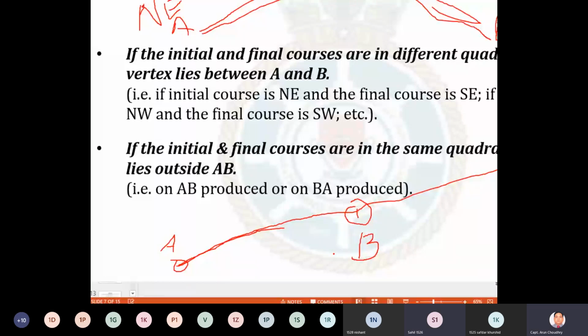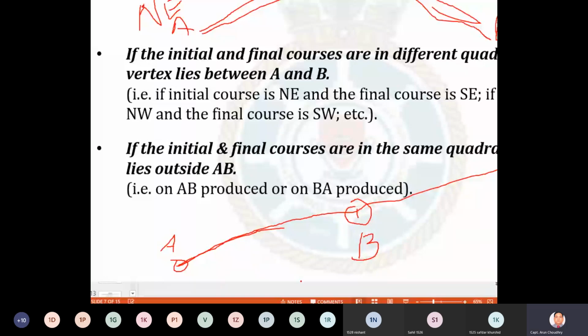Also northeast. So your final course still has some northerly component, which means you have still not reached the maximum latitude. The vertex will be somewhere here. Now this is the second point.